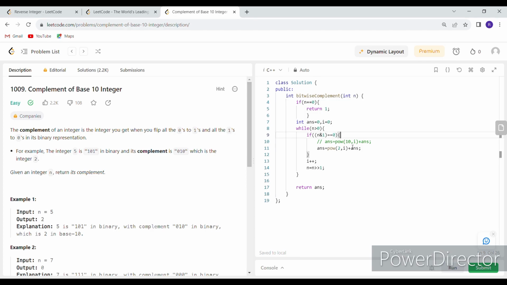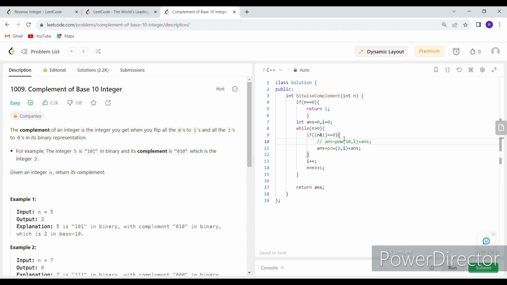So I am bypassing all those conditions, and directly finding the bits which are representing 0 in the original given number. If the last bit which I am finding is 0, I know that after complementing, that particular bit will become 1.